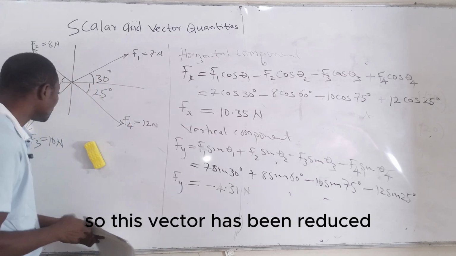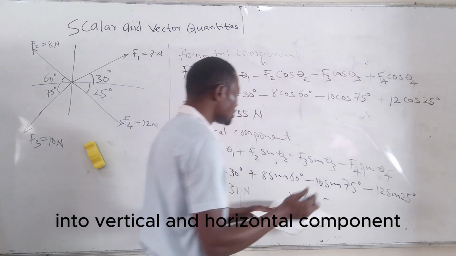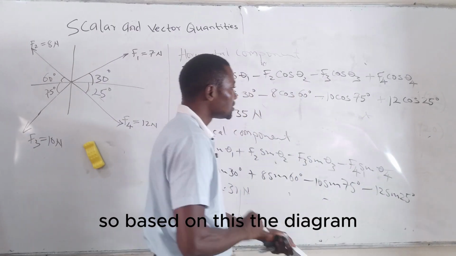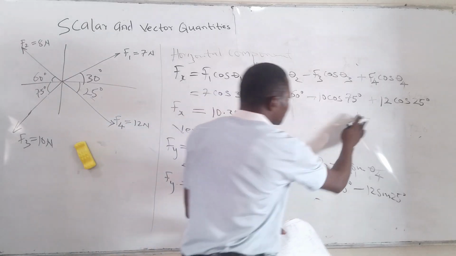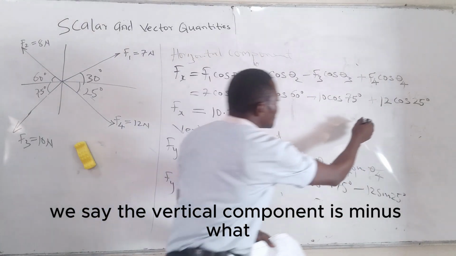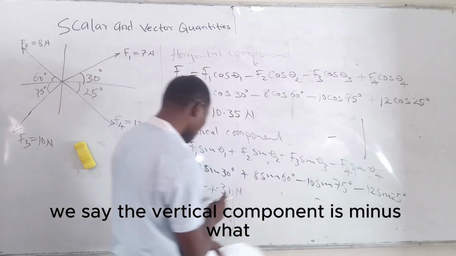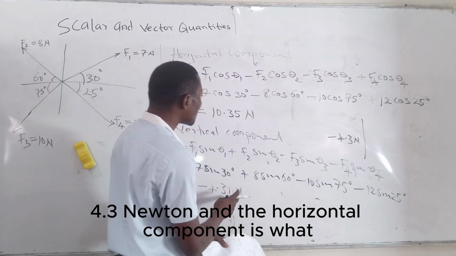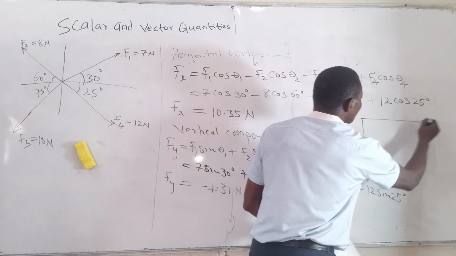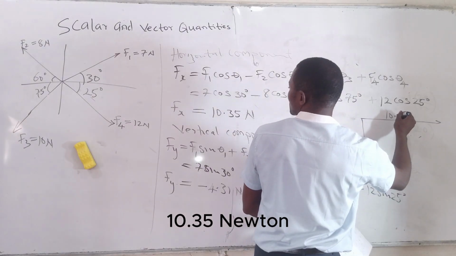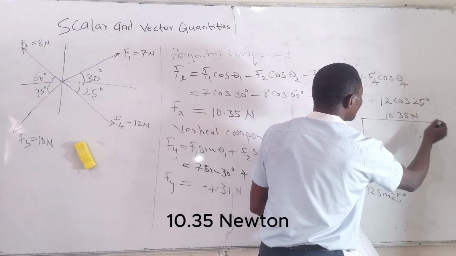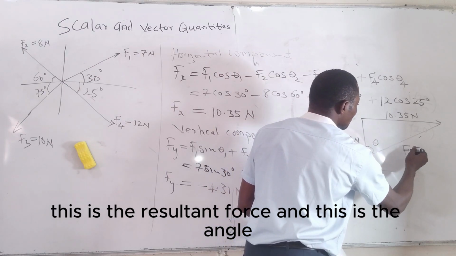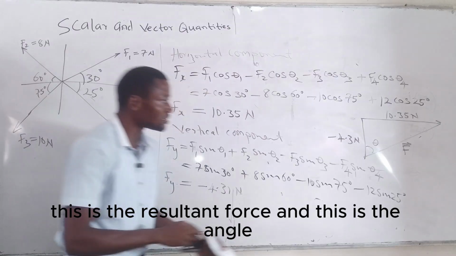Okay, so this vector has been reduced into vertical and horizontal components. So from this complex diagram, we say the vertical component is minus what? 4.3 Newton, and the horizontal component is what? 10.35 Newton. So this is the resultant, and this is the angle. This is the resultant force, and this is the angle.